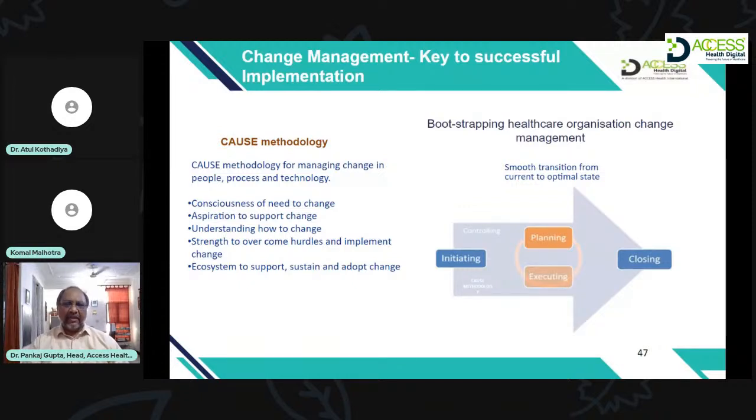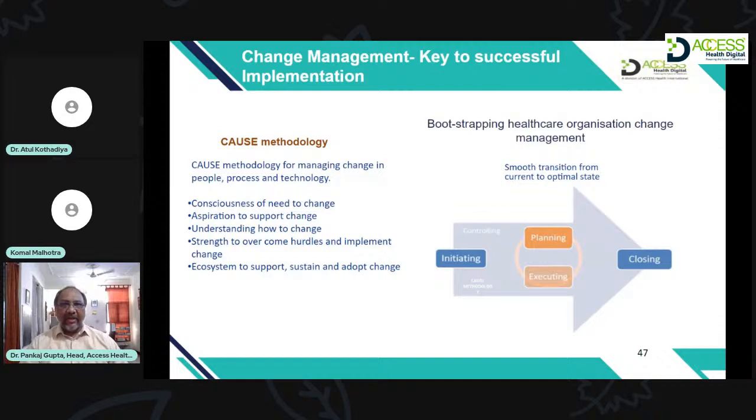I've seen those failures many times, and I'll tell you why those failures happen. Those failures happen because most of the contracts that are written by an IT services company or an IT product company do not include change management, because it suits them. They are product vendors. They will come and do the implementation.